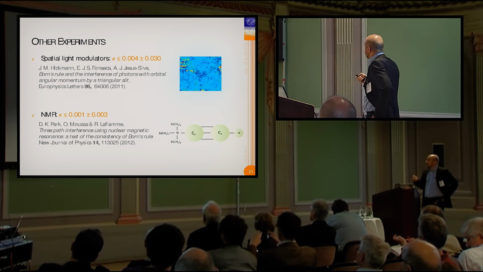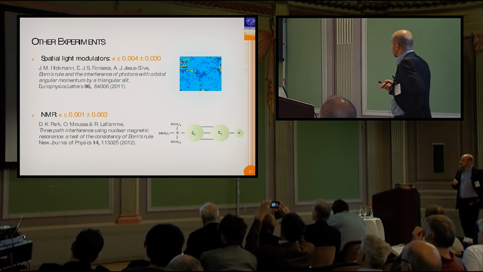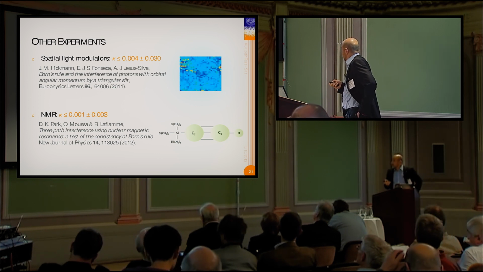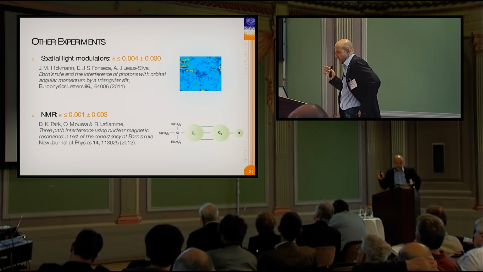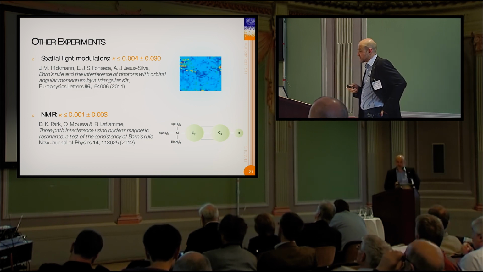You can see that the precision or accuracy they got is about 1 order of magnitude better than we got in our first experiment. And in fact, I believe that we will have to go away from optical experiments if we want to get much beyond what we have so far.